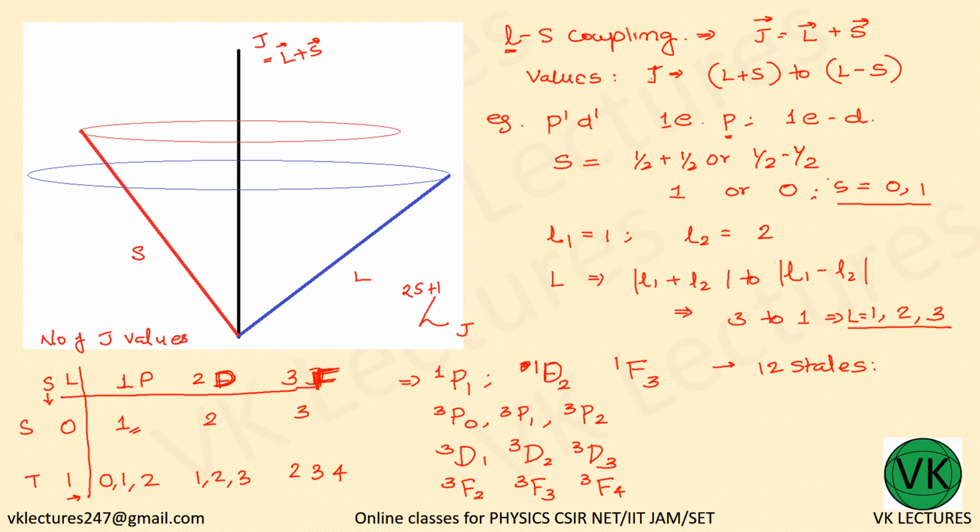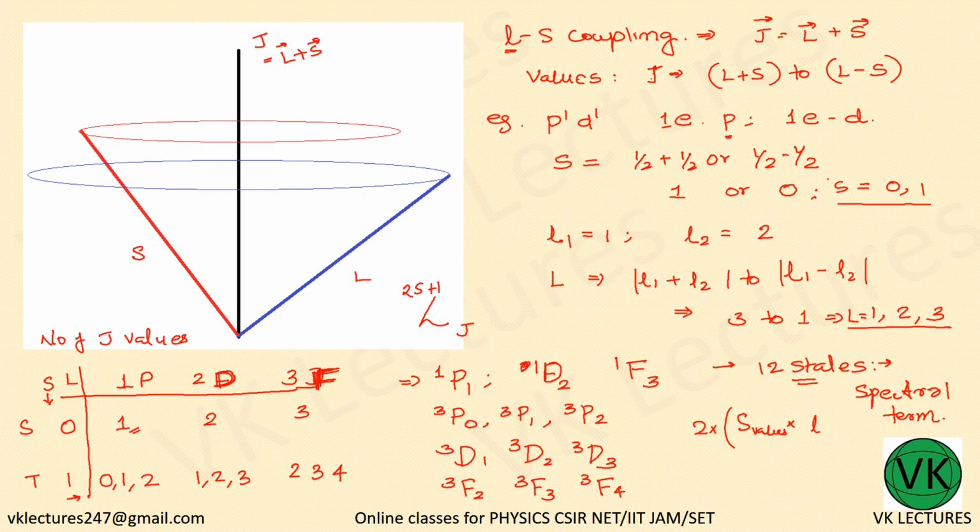How to get the number of spectral terms? So the number of spectral terms here is 12. Now how do we get the number of spectral terms even before finding all these values? It is nothing but 2 into the number of S values into the number of L values.